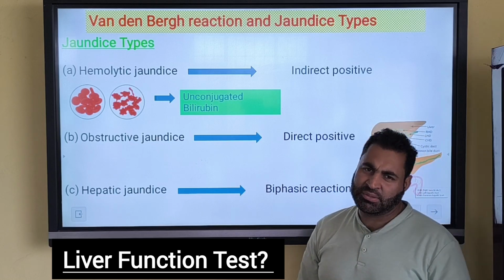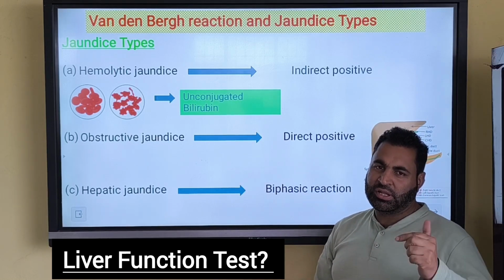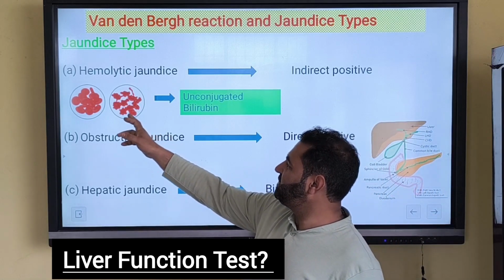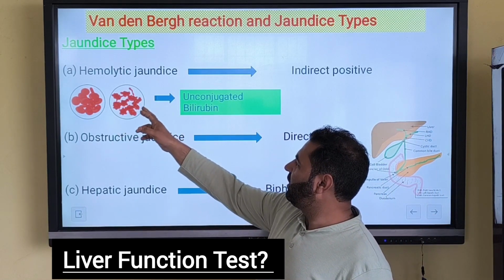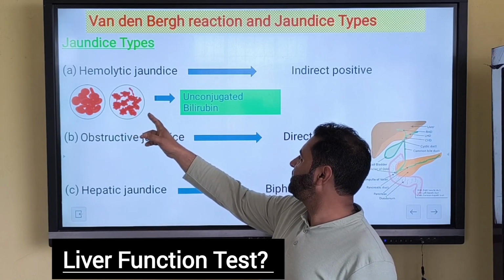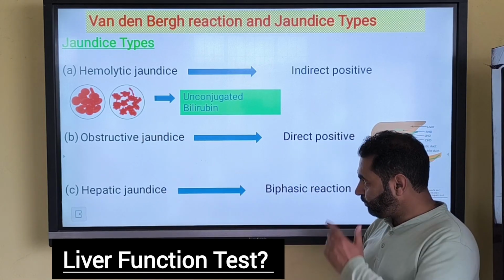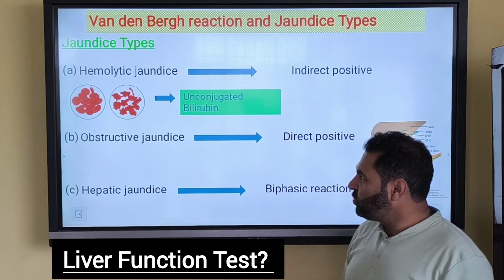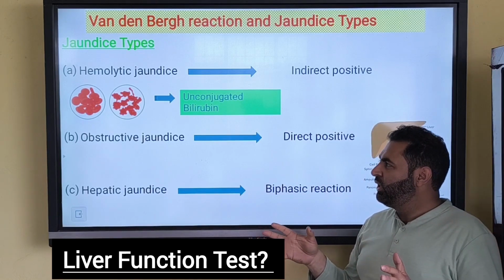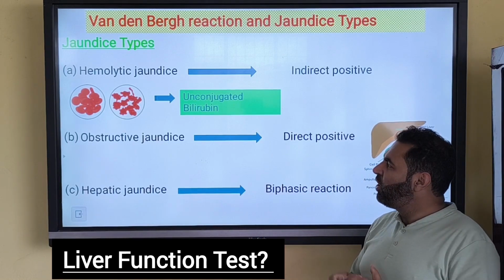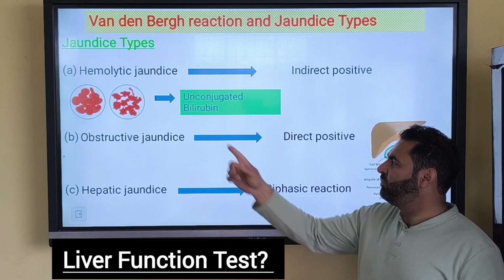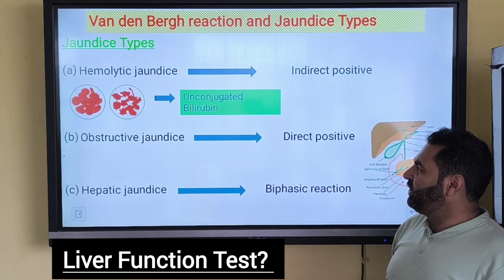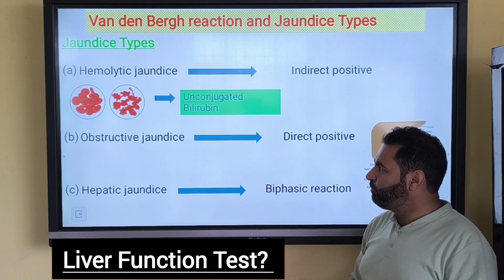Or maybe he has some genetic predisposition, some genetic disease, because of which his RBCs are lysing. So there is hemolysis, so a lot of heme will be released, a lot of hemoglobin will be released from the RBCs. So that will be converted into bilirubin.